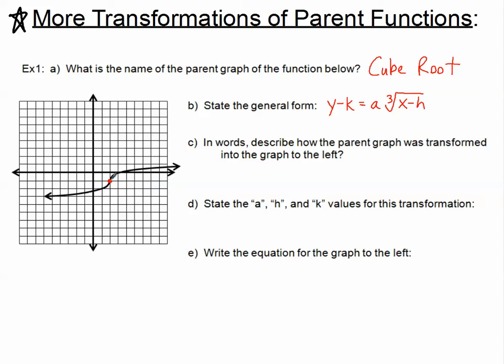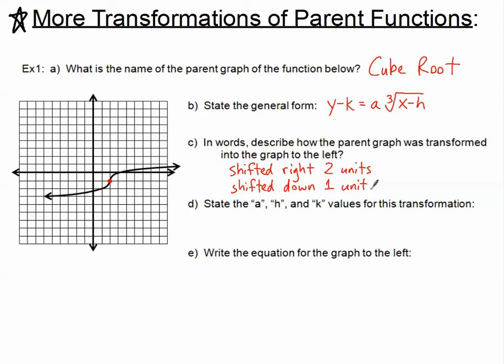Since this point is here, this graph must have shifted to the right 2 units and shifted down 1 unit. So in words, we shifted right 2 units, and we shifted down 1 unit.